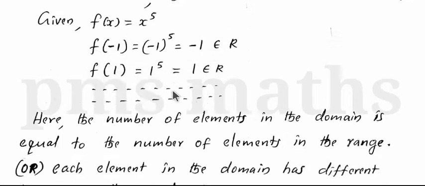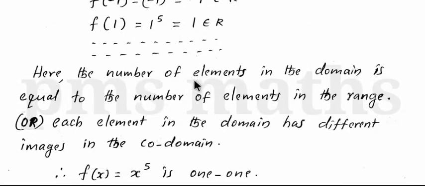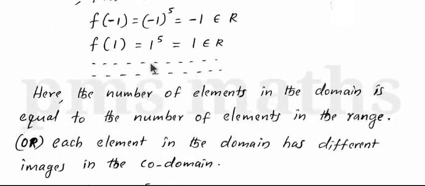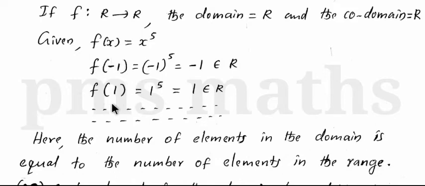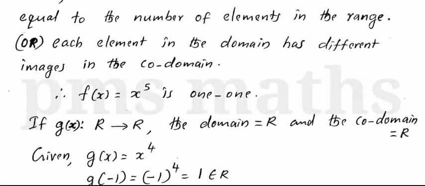Or otherwise we can say each element in the domain has different images in the codomain. Therefore, we can say given f of x is equal to x raised to 5 is 1-1 function.